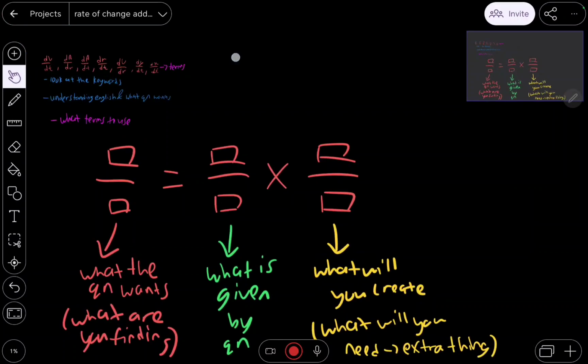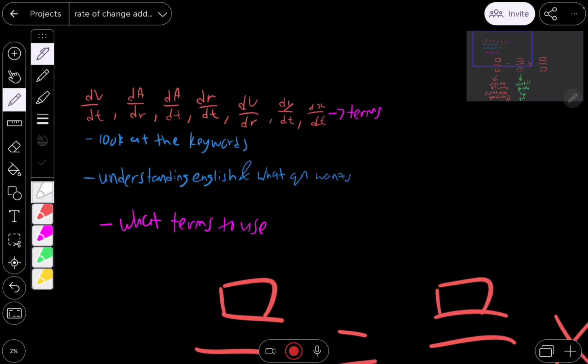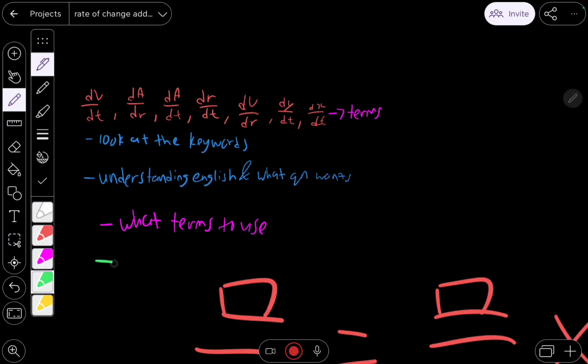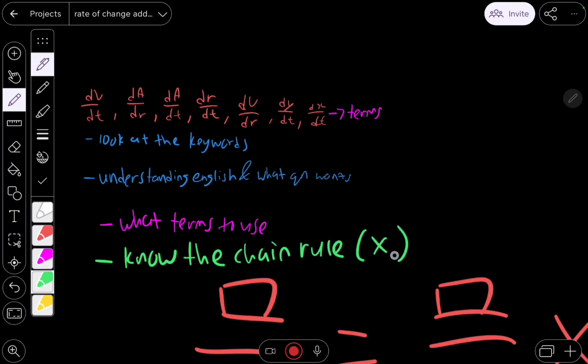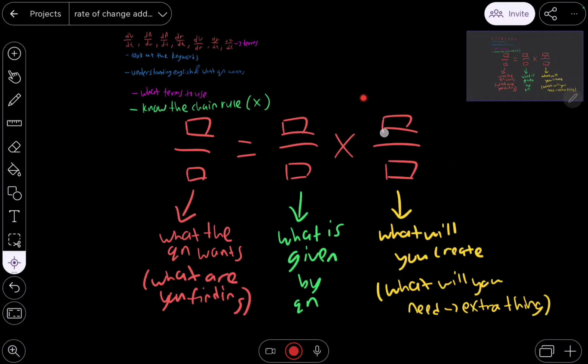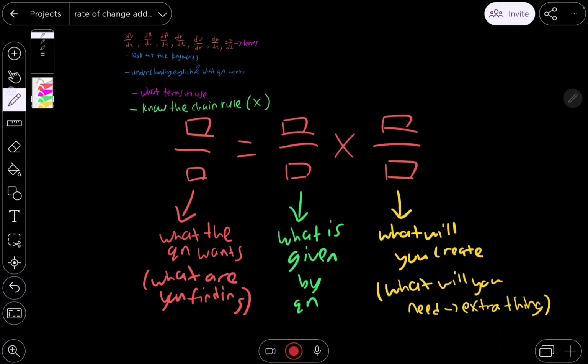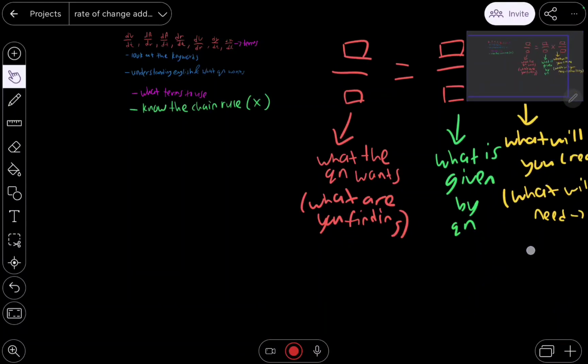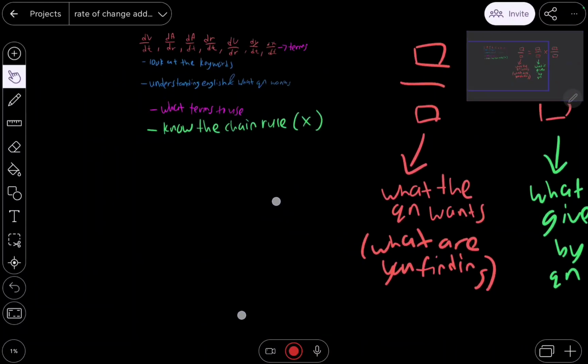Okay, so going back to here, what terms to write? Furthermore, I will add one more, which is to know the chain rule. But this is not your differentiation, this is the multiplication one, which is the one over here in red. So it's this one, the one with the fractions. Okay, and also one more thing, I forgot what I wanted to say, but let me think.